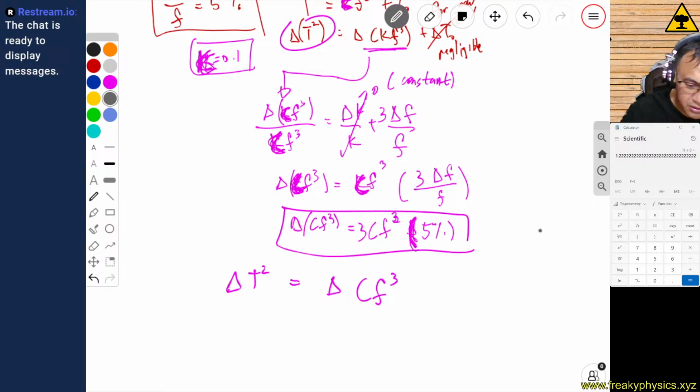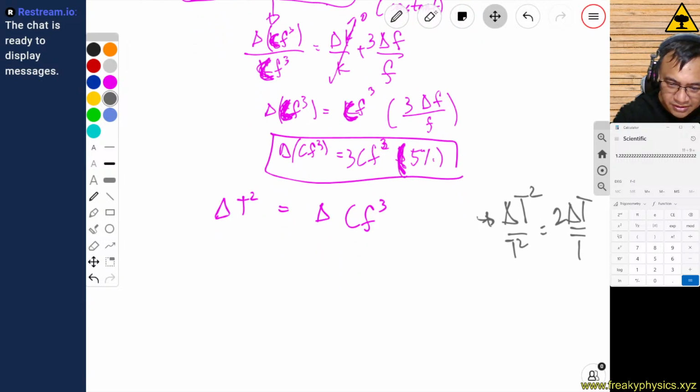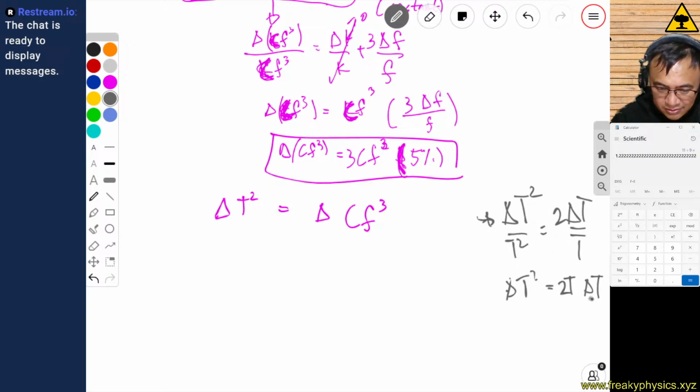Let's use gray. So if we put that on the side, delta t squared over t squared is basically just 2 delta t over t. So we've kind of done that earlier, so I'll just rewrite that. So basically our delta t squared is equal to 2t delta t. That's it.